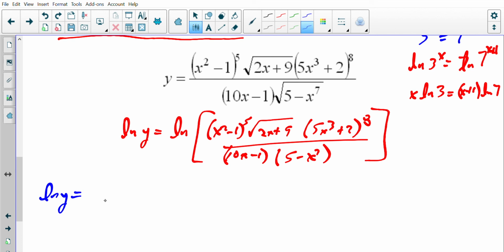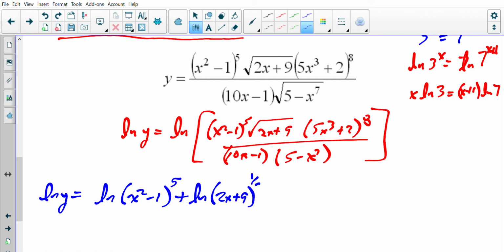Now, this is going to be natural log of (x squared minus 1) to the 5th, plus natural log of (2x plus 9) to the 1/2, plus, again, that's plus because they're multiplied together, natural log of (5x cubed plus 2) to the 8th.